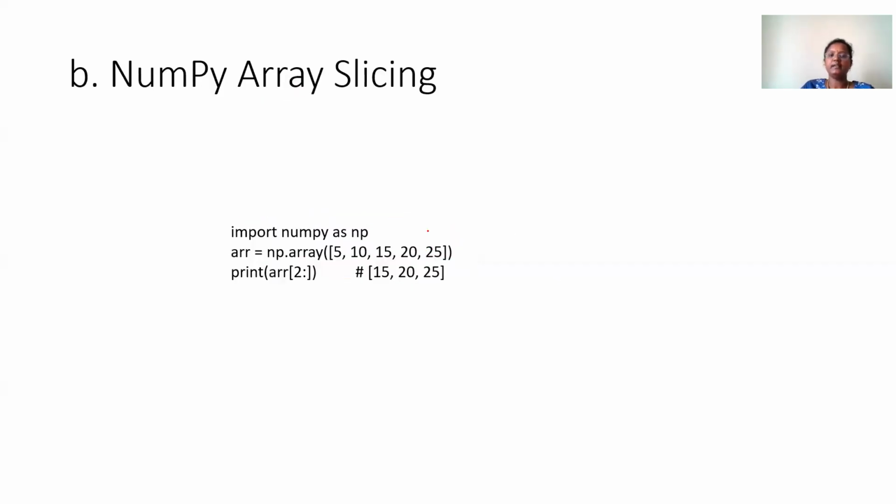Second thing is array slicing. In array slicing, you have your data in an array. You can mention it as array of, that is the data name, file name, 2 and then colon. If it is 2 and then colon, after 2 we have to start it. That is 15, 20, 25. Until the last data, it will be printed.